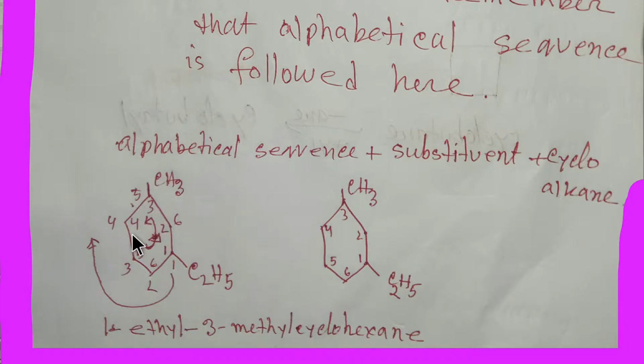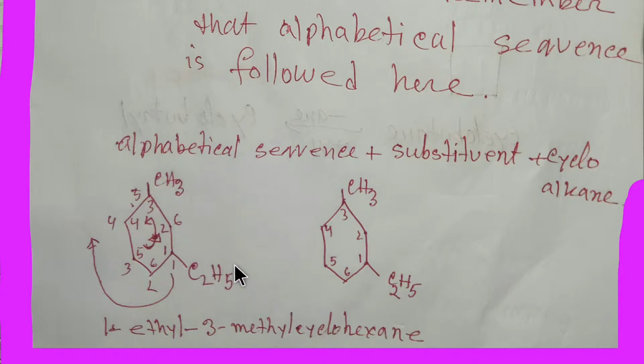Since we have to consider the lowest possible number for the substituent position, I will take the anti-clockwise numbering. So what will be the name of this compound? You see, this is methyl and this is ethyl.